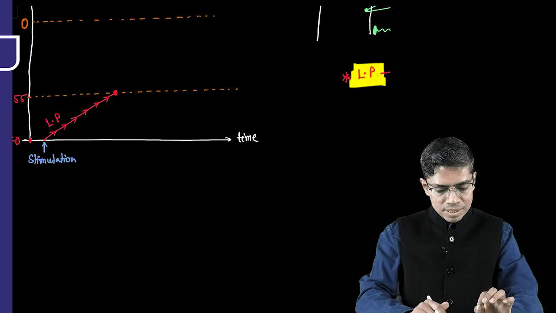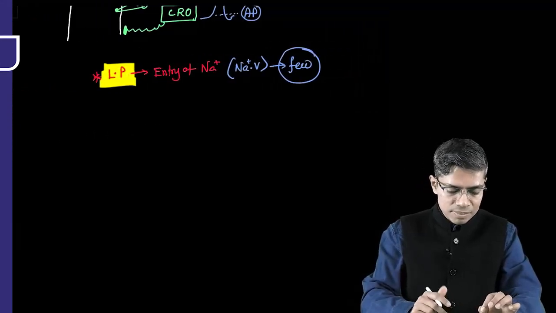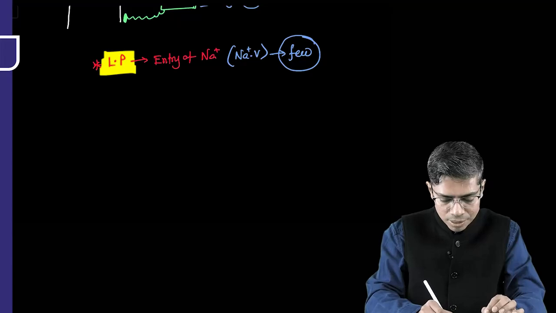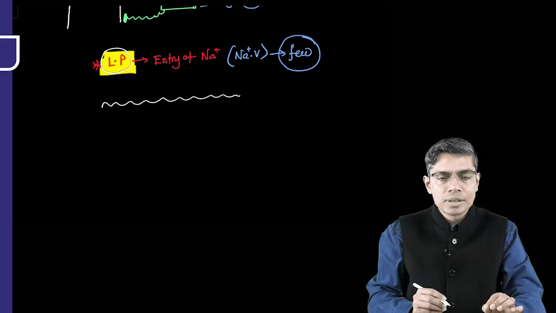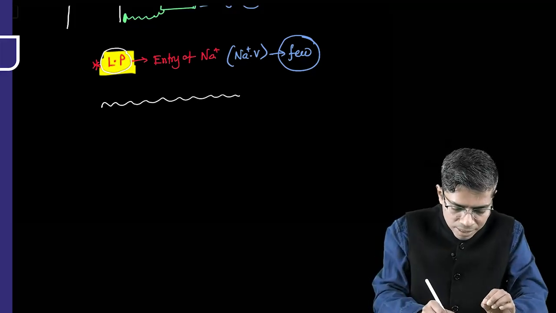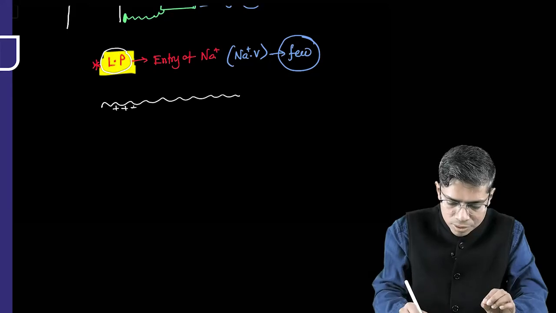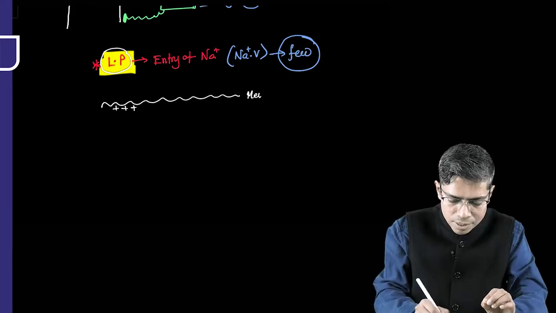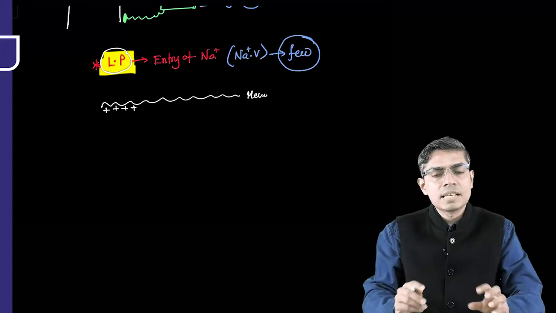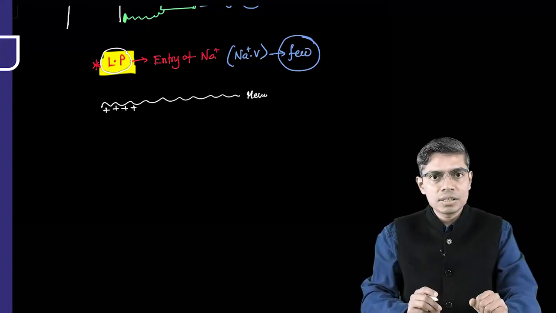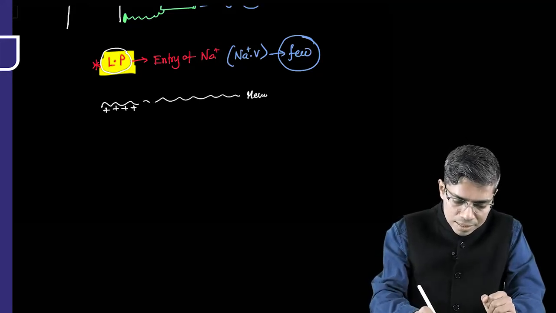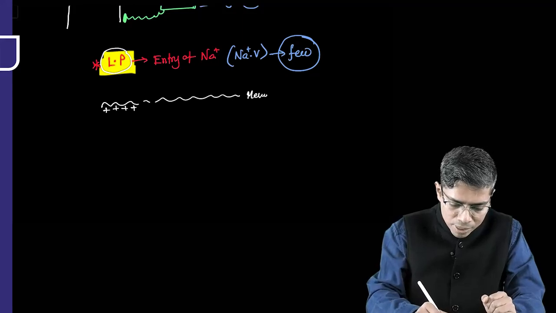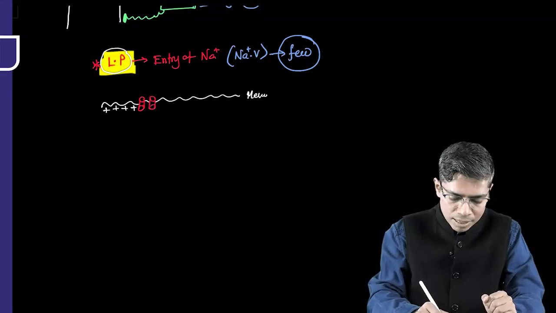Now whenever this local potential touches the threshold, a positive feedback phenomenon will occur. What do you mean by positive feedback phenomenon? We have discussed it in general physiology. Look, this local potential has already developed some depolarization on this membrane. Now, if this depolarization is sufficient to open an adequate number of voltage gated sodium channels, what will happen?